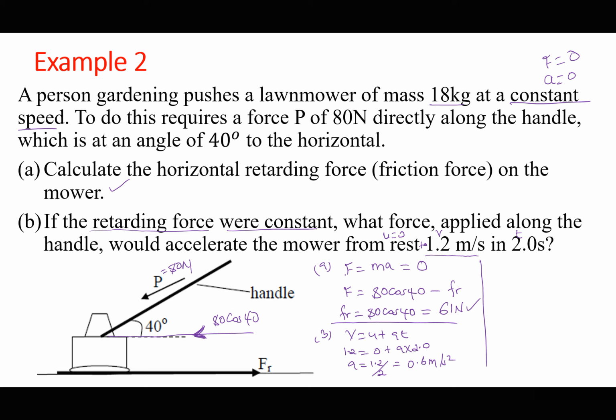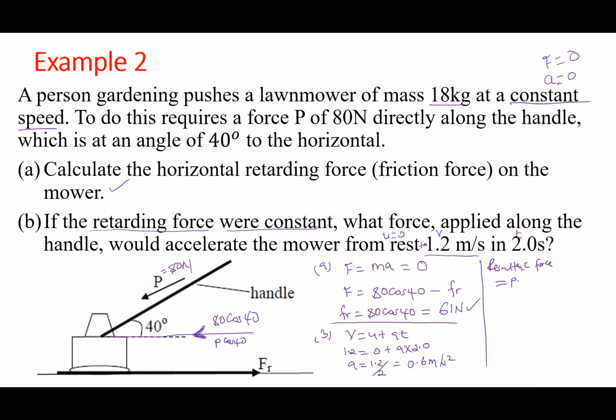So let's first find the resultant force. Let me call that force P. The resultant force is going to be equal to this force, P cos 40 to the left, minus the frictional force.